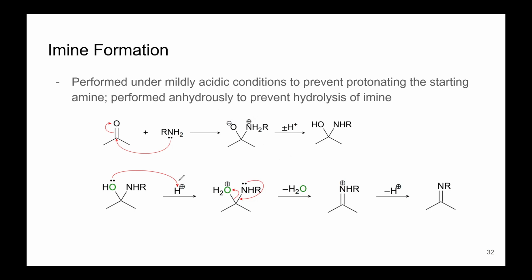Now, you need some external protons in this case because you want to protonate this OH group more, so it forms H2O, and that is a good leaving group. So this lone pair on nitrogen, this powerful lone pair, can come down to form a double bond, therefore kicking out this water molecule, and after that you can just deprotonate this nitrogen to give you your final product, and this is called an imine.